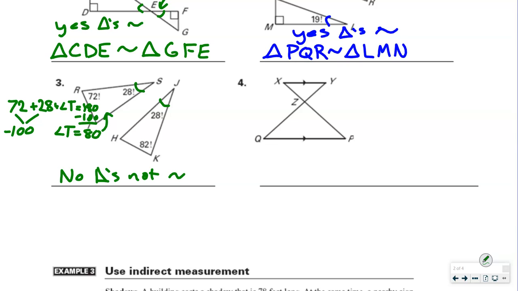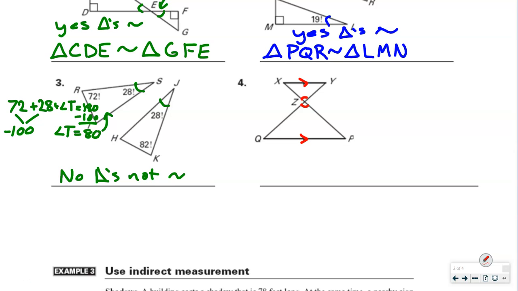Number 4, we have parallel lines. We know our vertical angles. But with our parallel lines, in this type of triangle setup, we will have alternate interior angles.